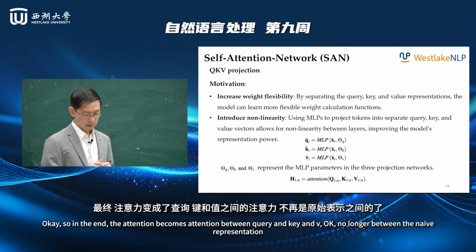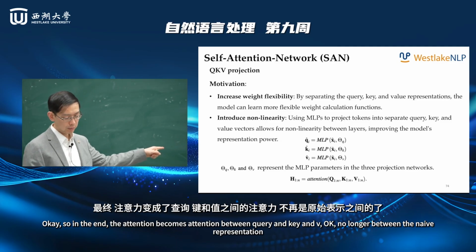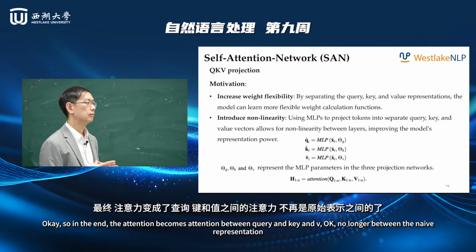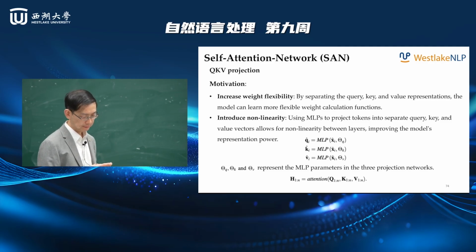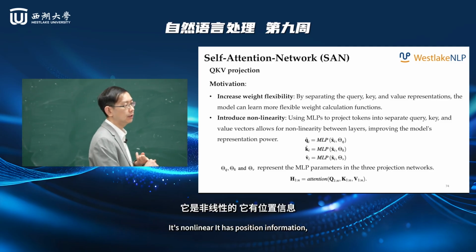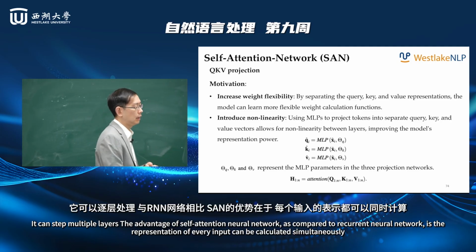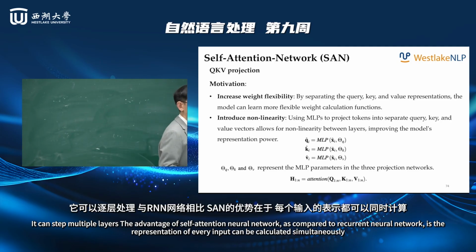So in the end, the attention becomes attention between query and key and V, no longer between the naive representation. That's my self-attention neural network. It's nonlinear, it has position information, it can stack multiple layers.